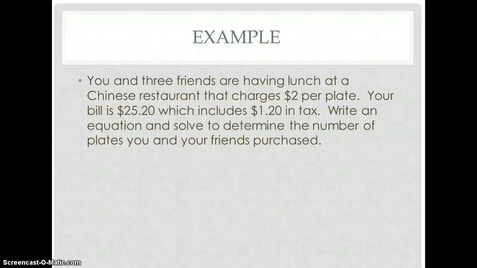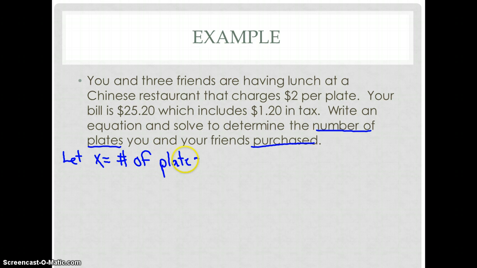So we are looking to find the number of plates purchased. So from there, we let x equal the number of plates purchased.